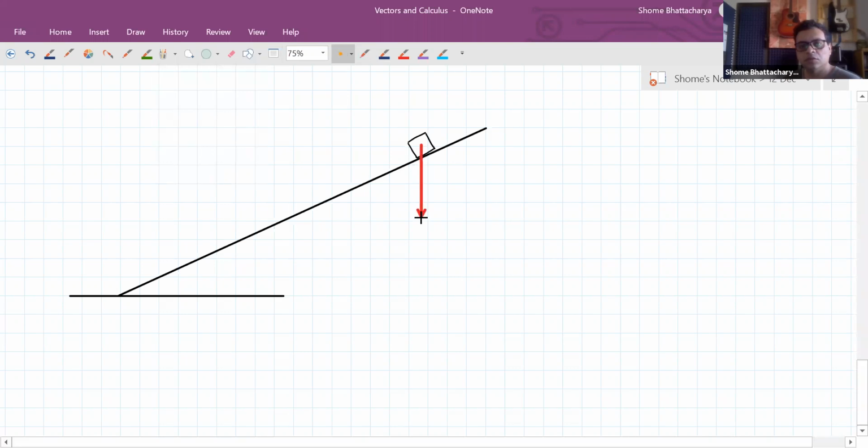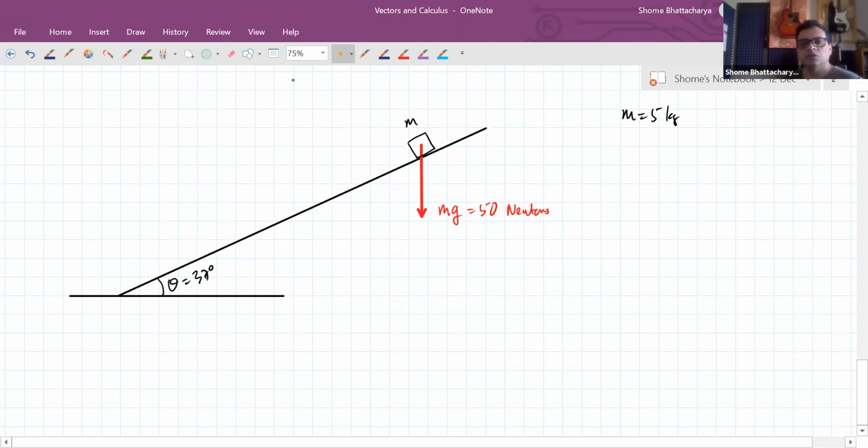Okay. And the magnitude of that gravitational force in this case will become 50 newtons, because the mass of the block we saw earlier was 5 kilograms, and we have taken G to be 10 meters per second square. Also, we know that the angle of inclination is 37 degrees like this.